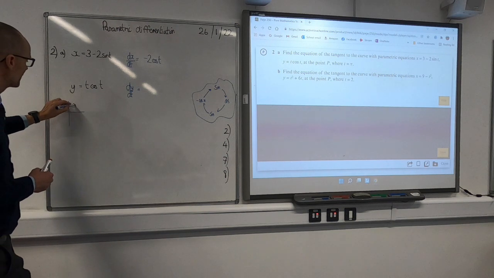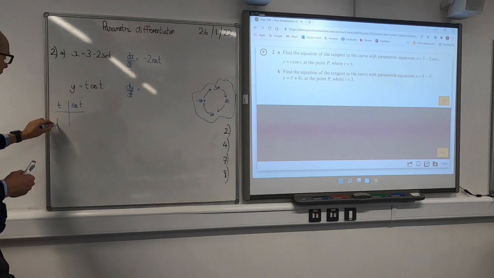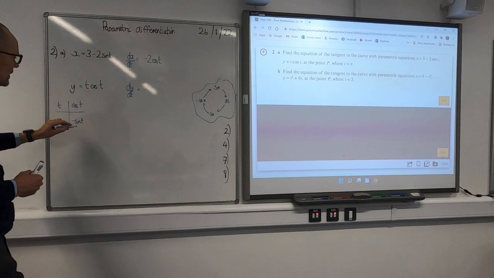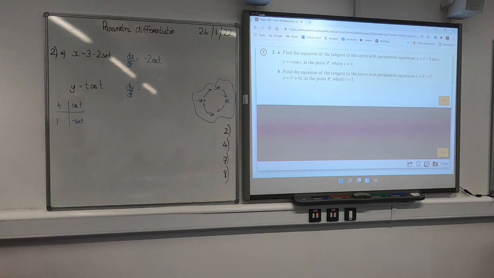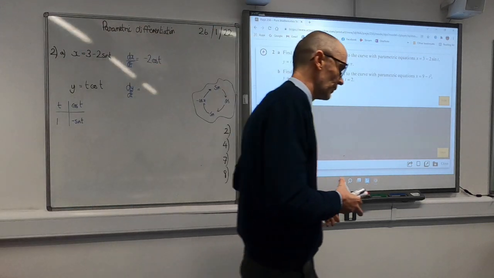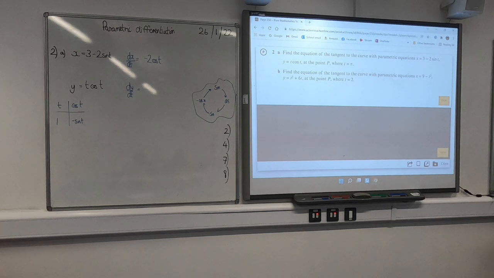Did you spot that's a product? If it's 2 cos t, it's not. A number, a coefficient, doesn't require the product rule. It still works, but you don't need it. But if it's a variable like t, in that case, you've got a product rule out.